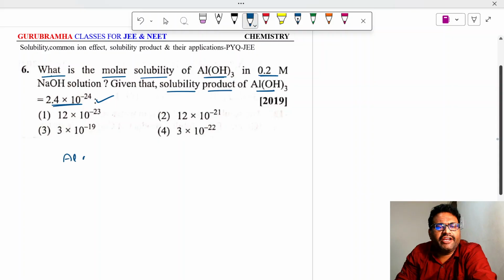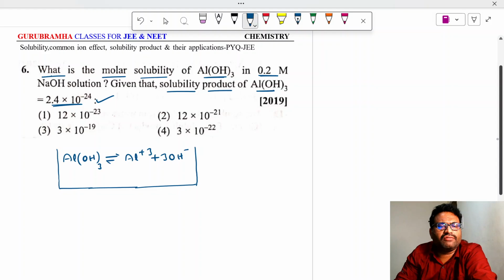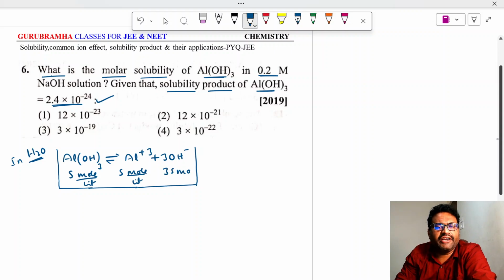Aluminium hydroxide, Al(OH) whole thrice, dissociates to form Al plus 3 plus 3OH minus, right? Now, where is this dissolved? This is dissolved in pure water first. So if the solubility of aluminium hydroxide is S moles per liter, then the aluminium concentration will be S moles per liter, and the OH minus will be 3S mole per liter, right?